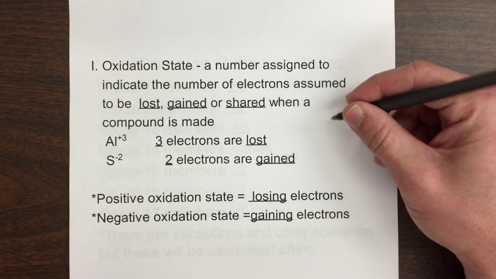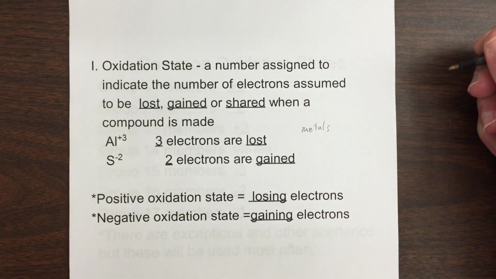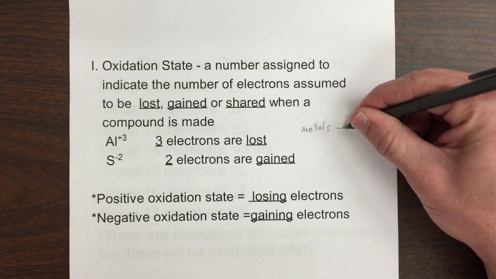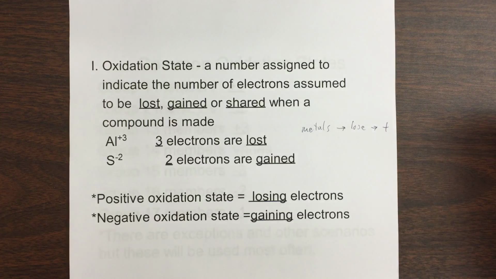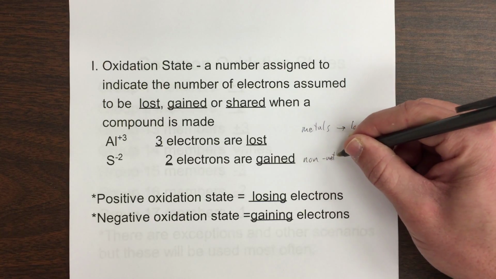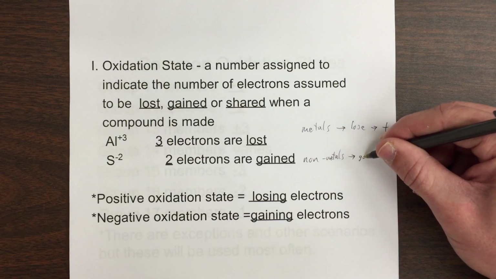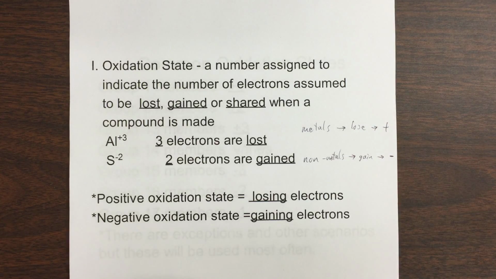So as we learned before, metals are going to have a low electronegativity, and they want to lose electrons. So they will become positive, whereas the nonmetals have high electronegativity, so they are going to gain, and they will become negative.